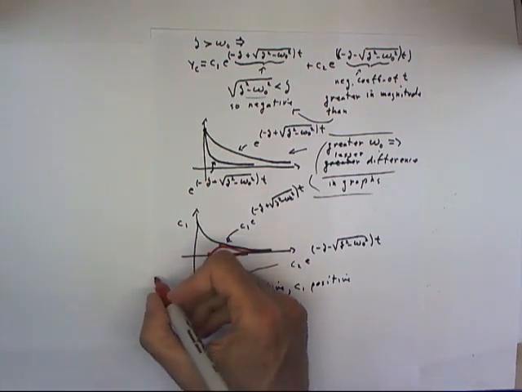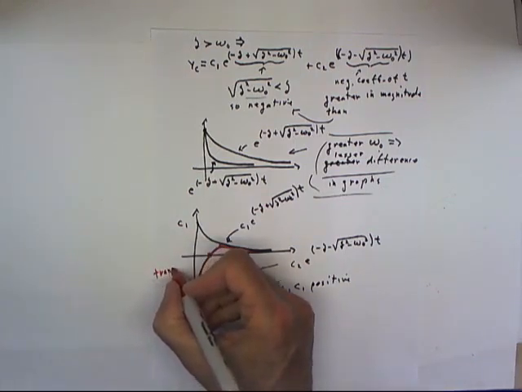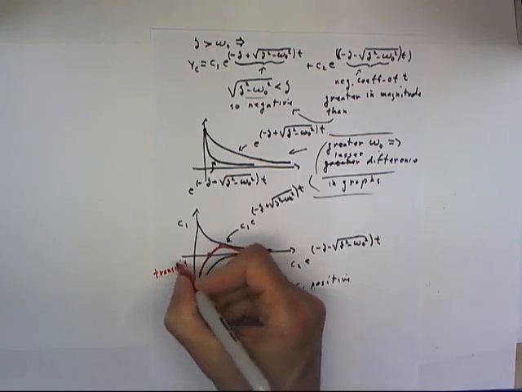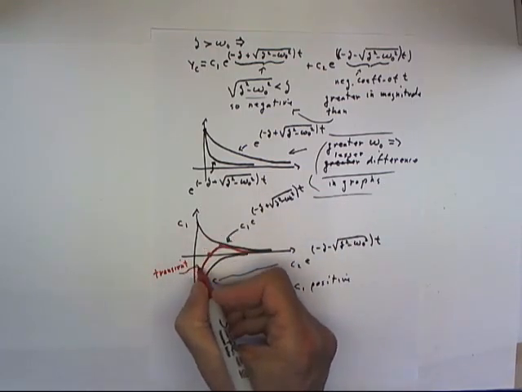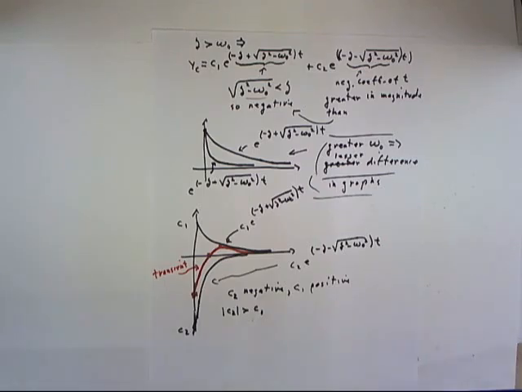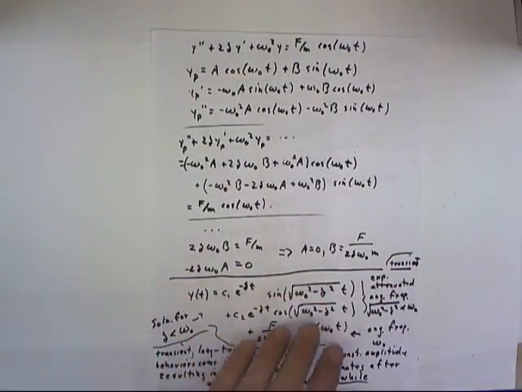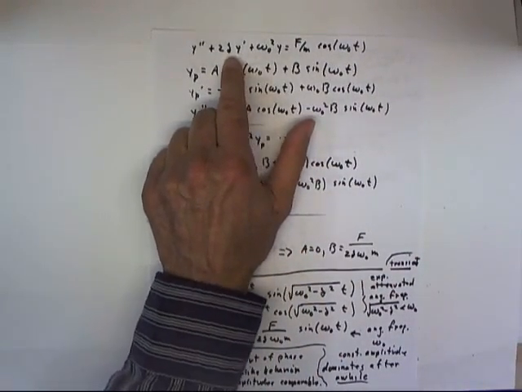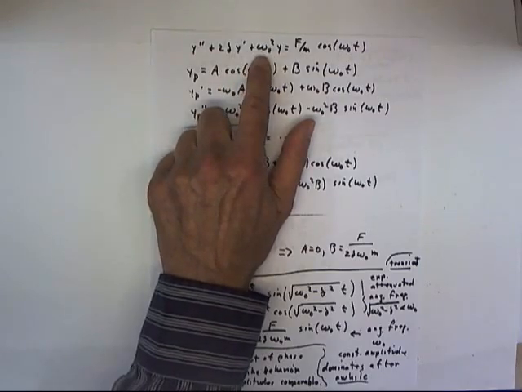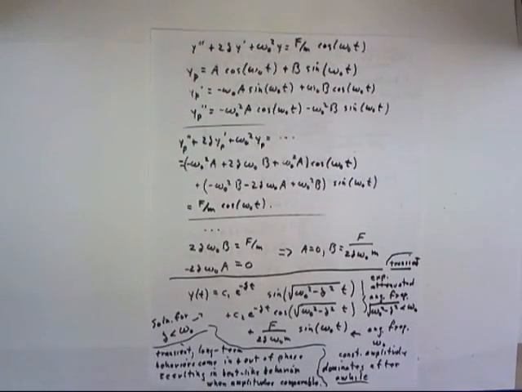Now this would be the transient behavior of the system. The non-homogeneous part of the solution to the equation doesn't really care what the value of delta is as opposed to the value of omega naught.